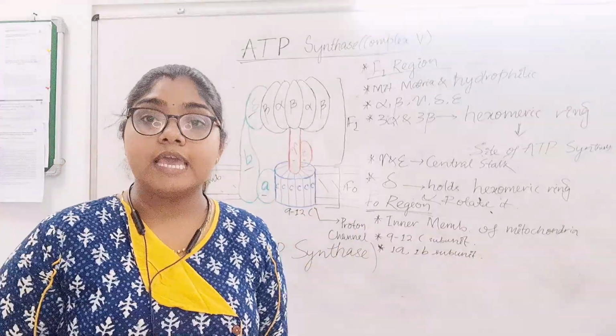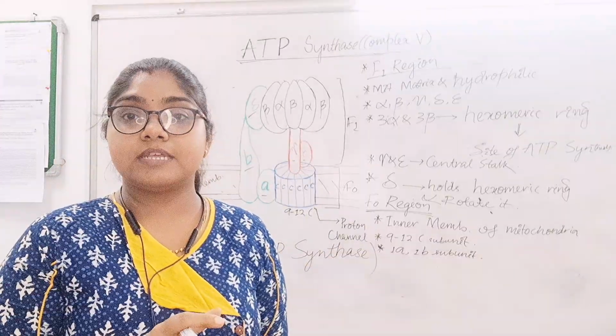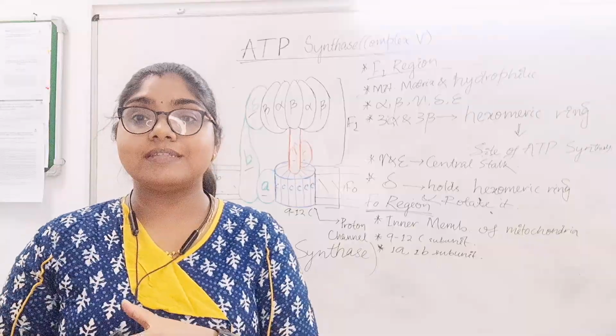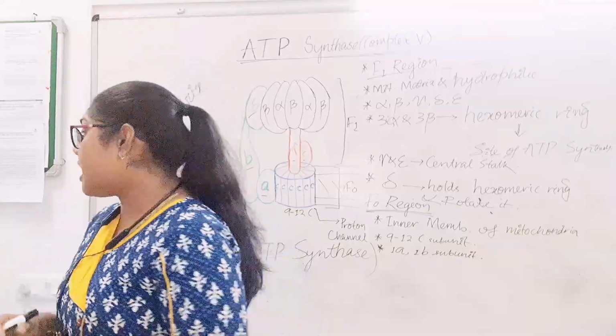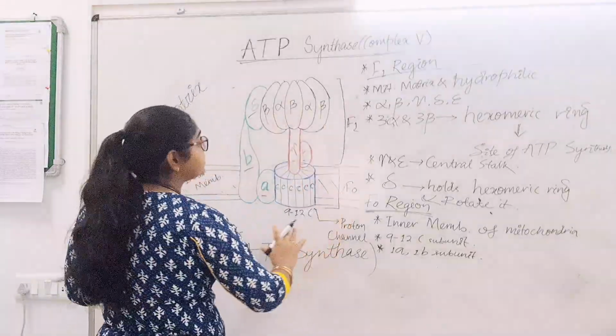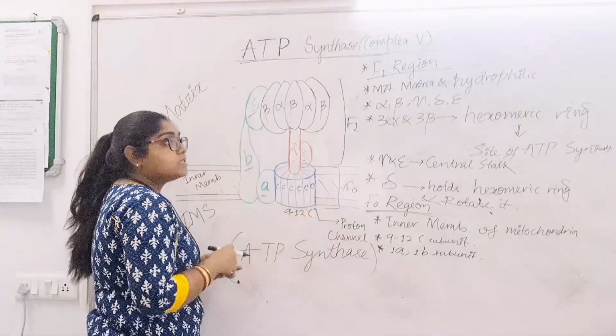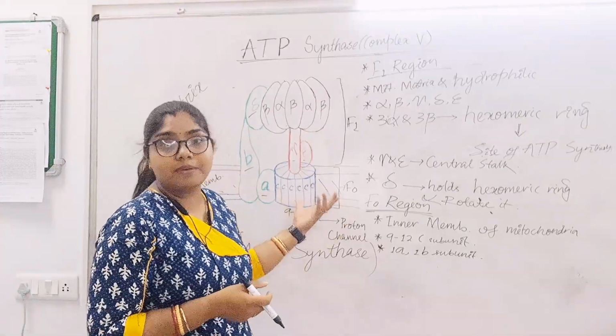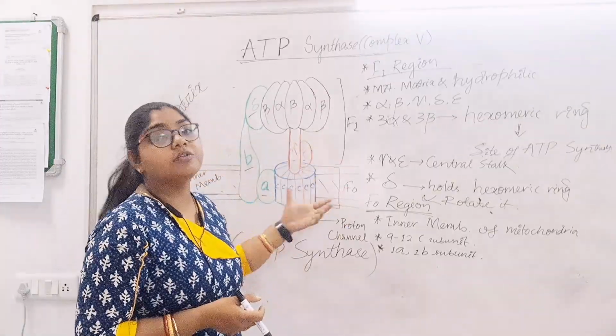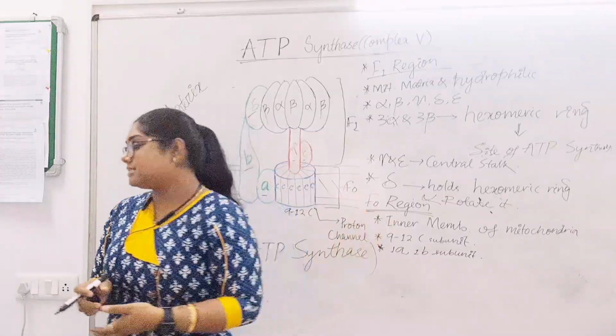Now we'll see the mechanism of ATP synthase, how this ATP synthesis takes place. Okay, how this total structure, this machine, you can say it is a molecular machine or enzymatic machine, how this machine is going to work to synthesize ATP.